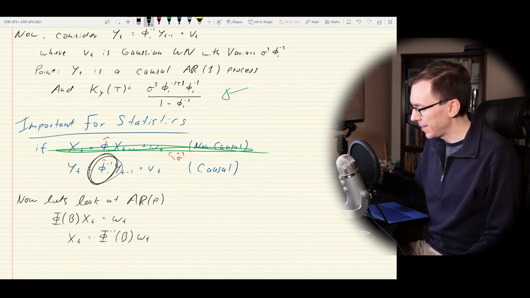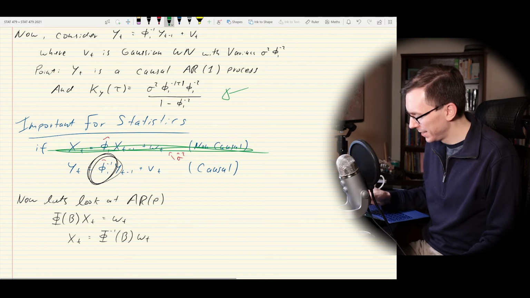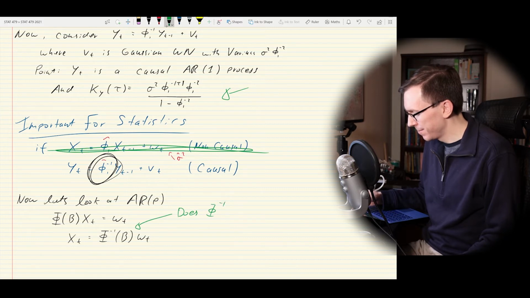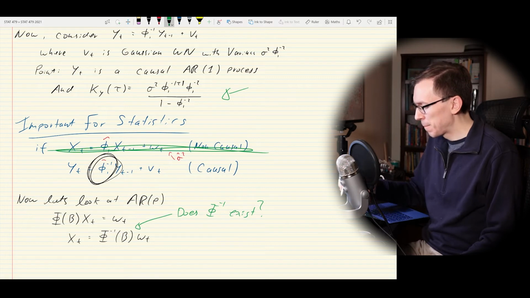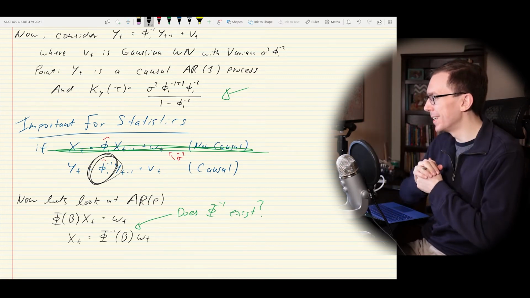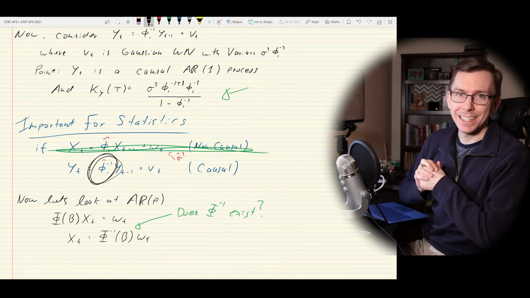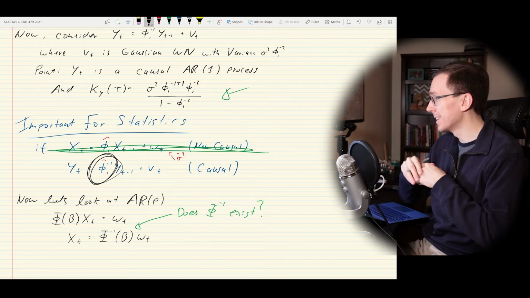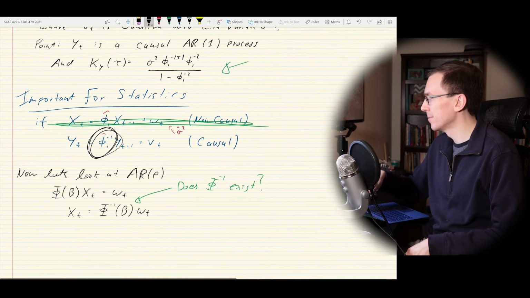But now we have to ask the question mathematically, does phi inverse exist or make sense? Right? If I say I have a matrix and I want to invert it, well, it may not exist. There may not be an inverse. So in this case, we need to consider that. Is there actually an inverse here?